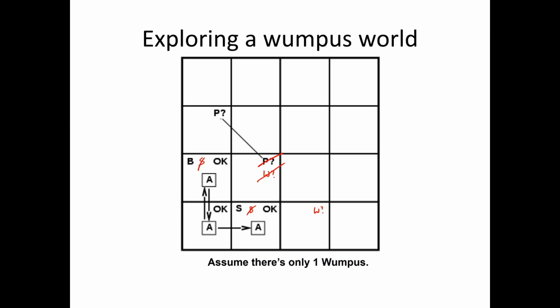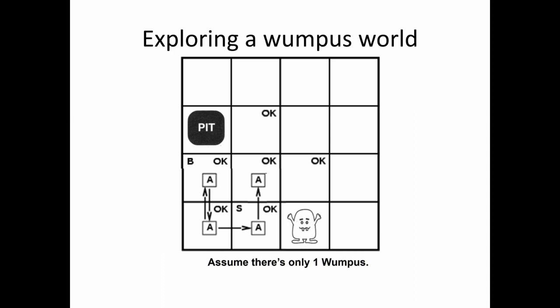And that means this actually has to be the pit, and this has to be the Wumpus. And based on this observation, we know that this location is safe to go. Suppose we move there and we don't feel anything, which means these two locations are also safe.